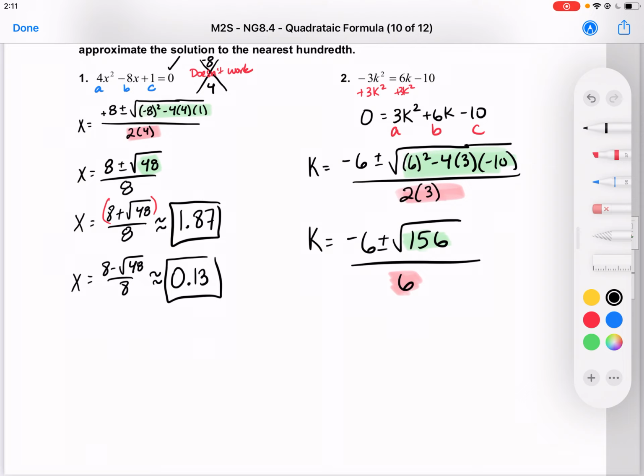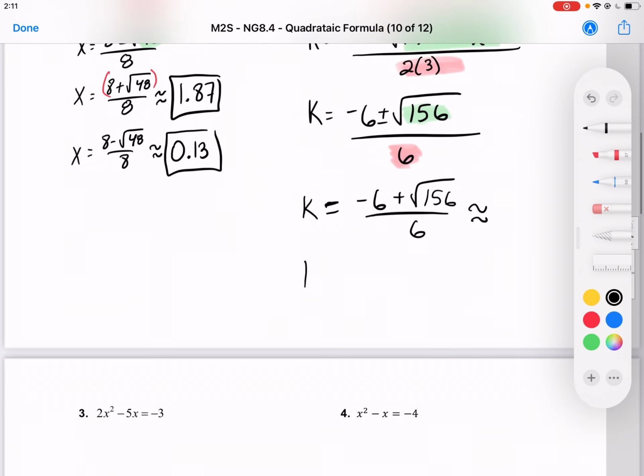Once again, I am just going to go ahead and find the approximate solutions now. So this would be our exact answer. It's not simplified, but it's okay. So one of them's just adding, the other one is the same thing but subtracting. So I'm just changing the sign in between right here. And then you just need to make sure you know how to type it into your calculator.